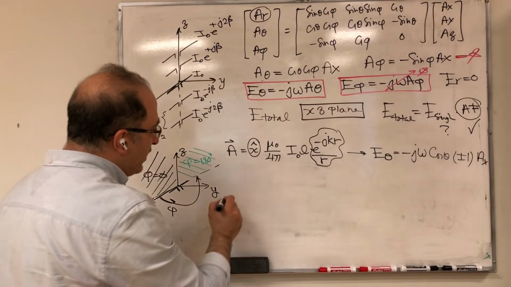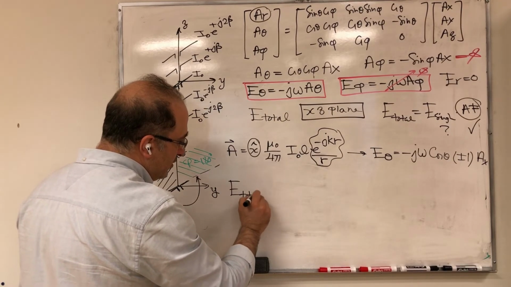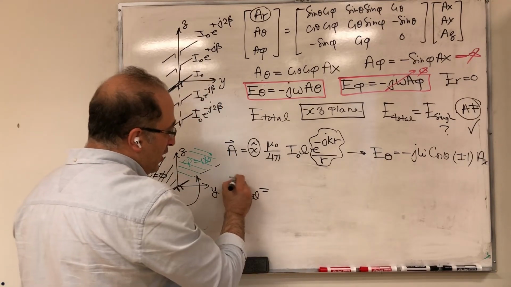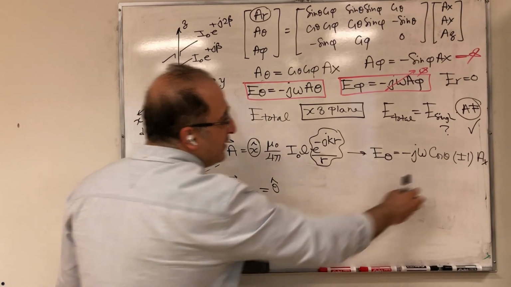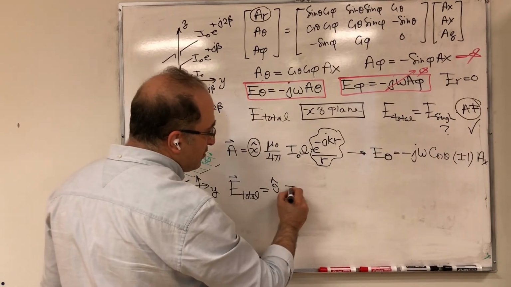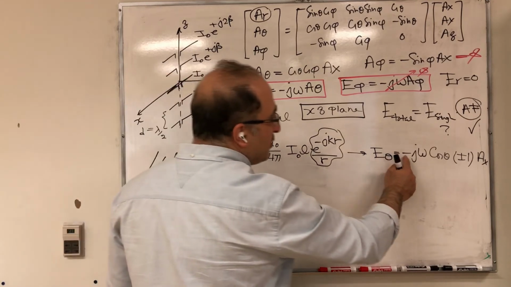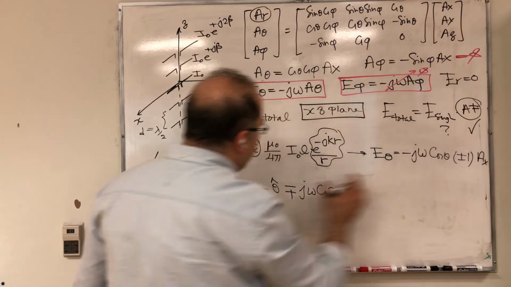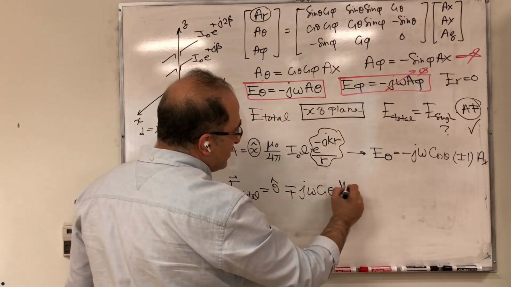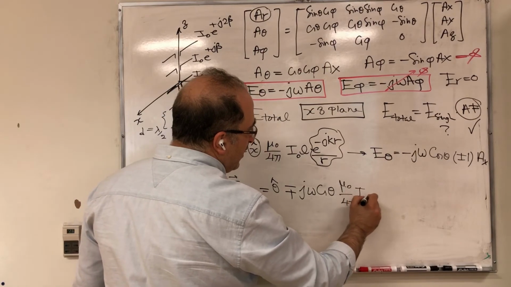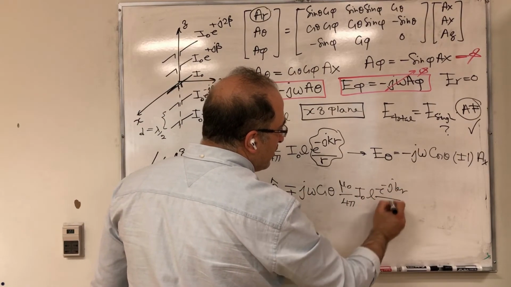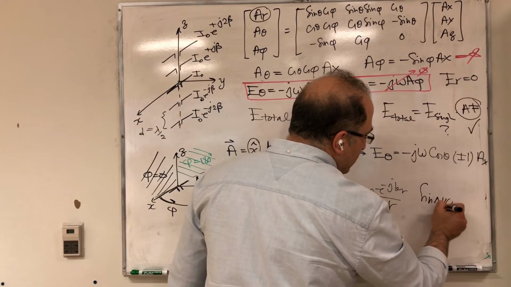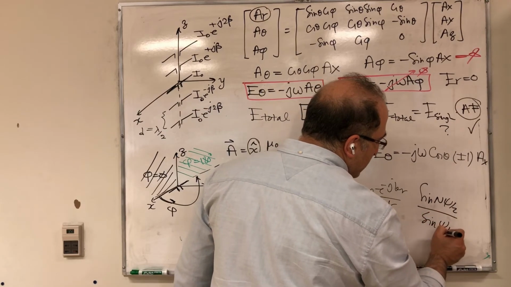So therefore, my E total becomes, E theta is of course in the theta hat direction, so I can just say theta hat, and then this plus or minus I can bring here, it becomes minus or plus, because it's going to be multiplied by negative j omega cos theta, and then A_x, which is this, mu naught over 4 pi, I naught L, e to the power of minus jkr over r, and then times my array factor, which is sine of n psi over 2 divided by sine of psi over 2.